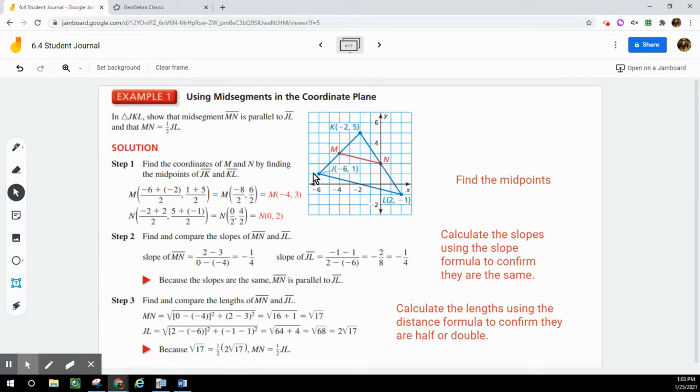That's MN. Now JL, when we apply the distance formula, gives us the square root of 68. Now, we're going to have to simplify that radical to become 2 square root of 17. And we'll talk more about that. You've covered that in your Algebra 1 class, but we'll give it a review. We see that 2 root 17 is 2 times root 17, so we have confirmed that JL is double the length of MN, and MN is half the length of JL.